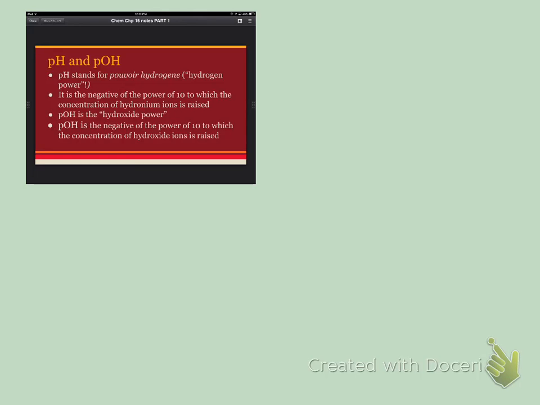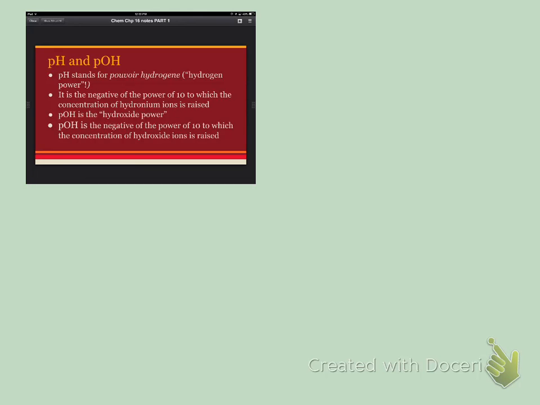You will be the life of the party. So it's the negative log of the concentration of hydronium ions. It's the hydrogen power. I'm lousy at French. I don't know. That's as good as it gets.